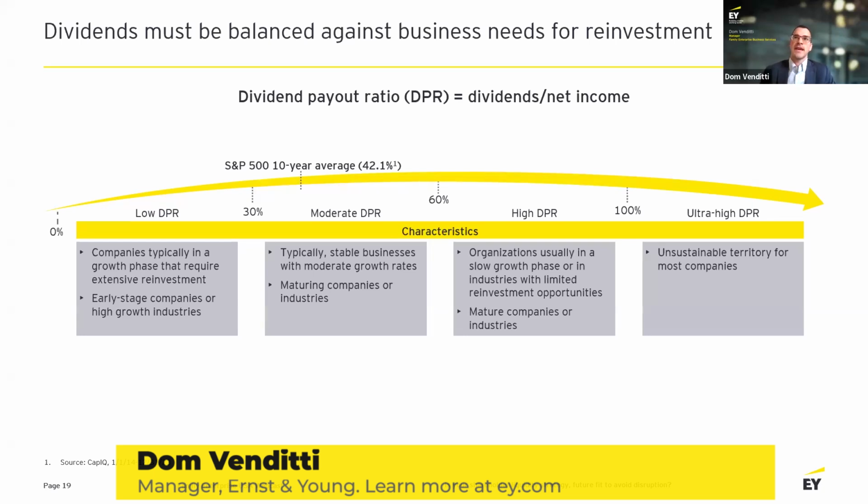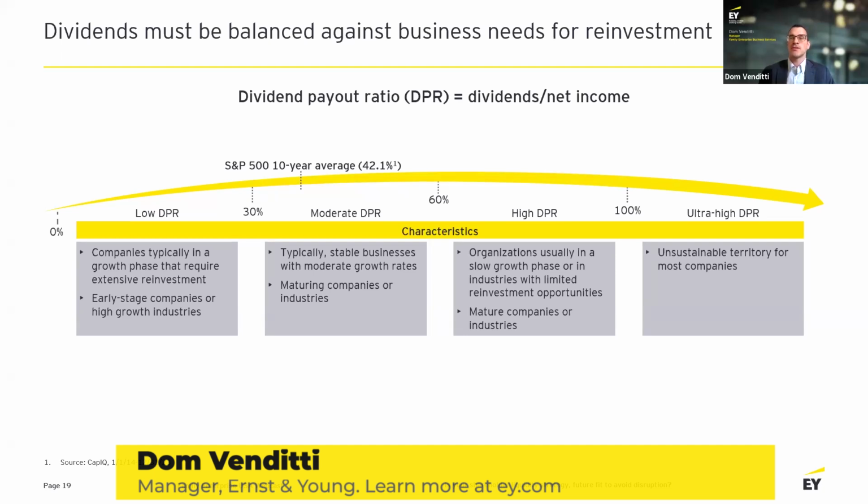As we move up the scale, companies are typically becoming more stable with moderating growth rates. So in that moderate bucket, the 30 to 60% range, we have companies that are stabilizing, still have reinvestment opportunities, but are finding more of a balance between reinvestment and distribution. Once we get into the high range, think over 60% but less than 100%, those are companies in very mature industries or very mature companies with limited reinvestment opportunities.